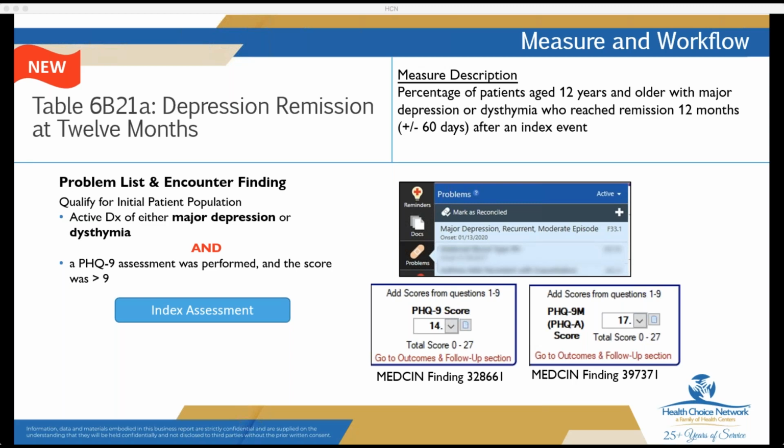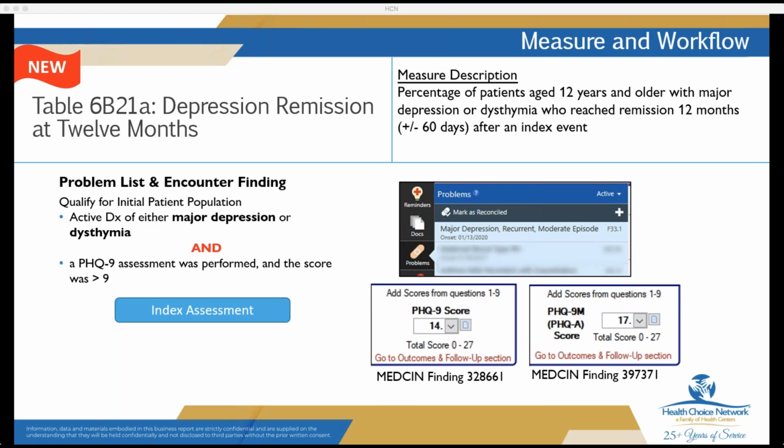So they could already have been diagnosed with these problems coming into this period, or they were diagnosed on that qualifying visit for those problems. And then on that qualifying visit, or during that period, a PHQ-9 was performed, and the score was greater than 9. So again, this measure is looking at a PHQ-9 assessment.